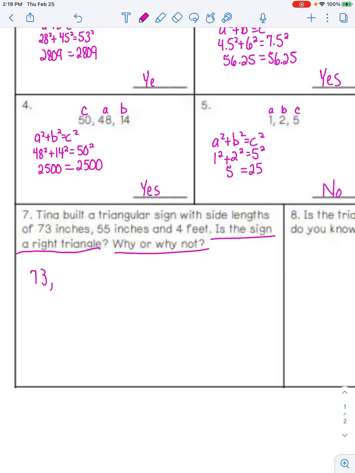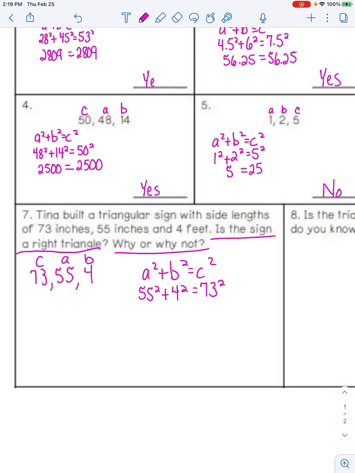Which of these has to be our C? 73. The other two are going to be my A and my B. Just like we've been doing, A squared plus B squared equals C squared. So we're going to say 55 squared plus 4 squared equals 73 squared.